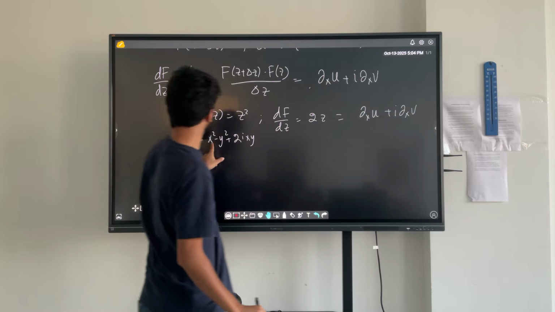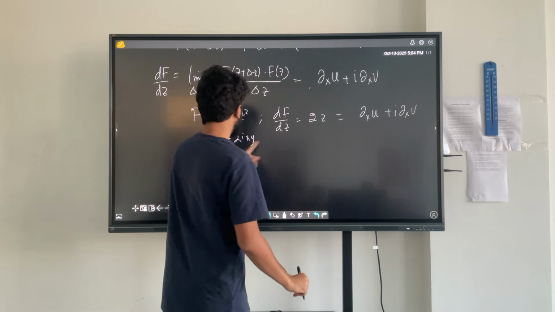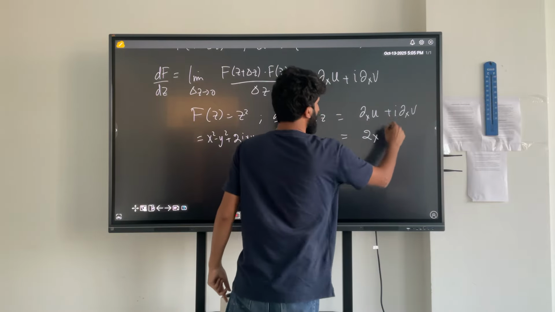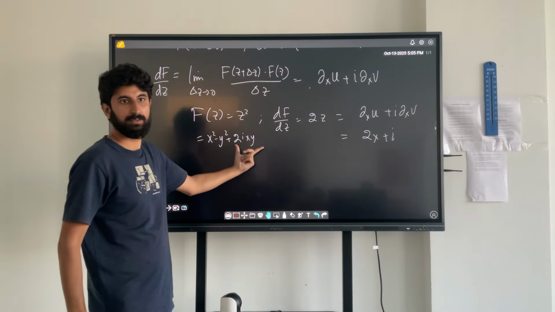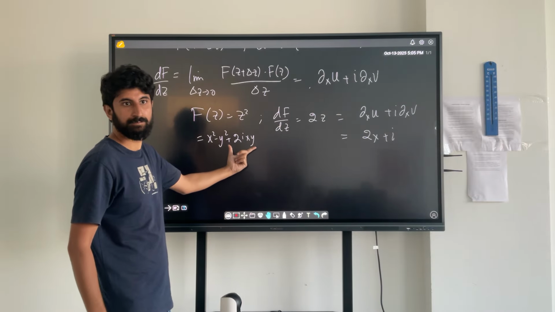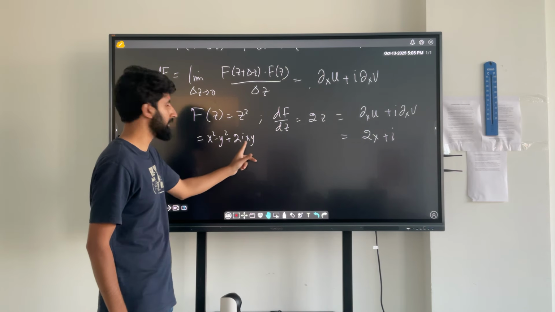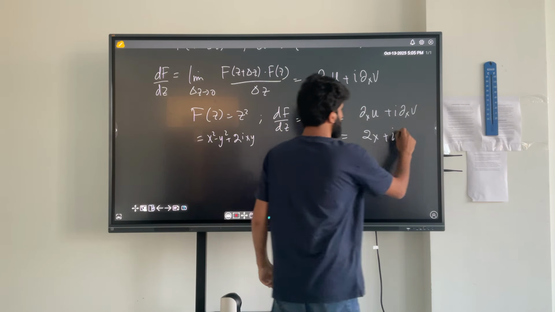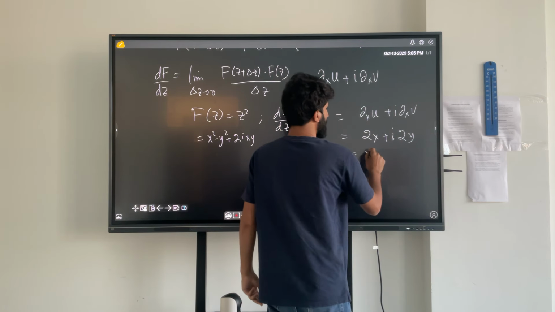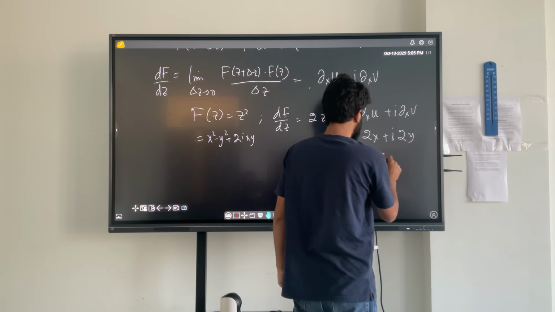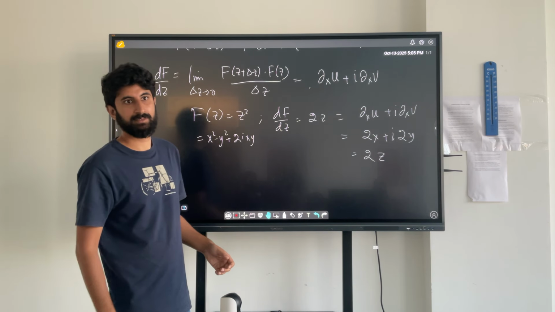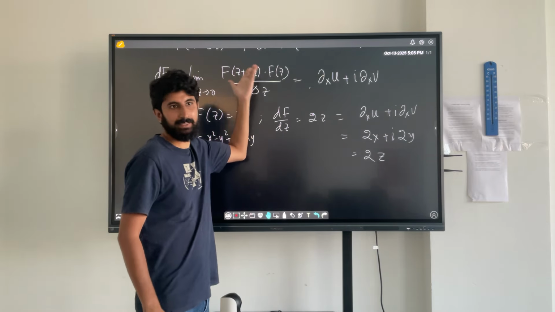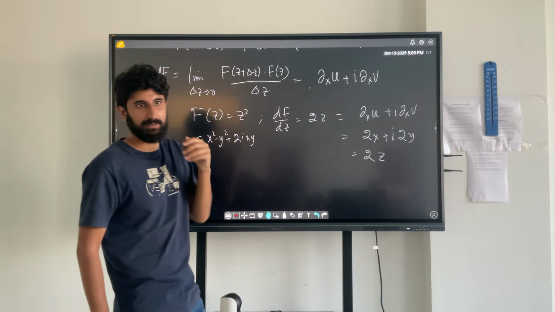What is partial x of u? 2x. What is partial x of v? 2y. Then 2 comes out: 2 times (x plus i y). This is the same, because you are computing this object, which mechanically is the same as if you are doing real numbers.